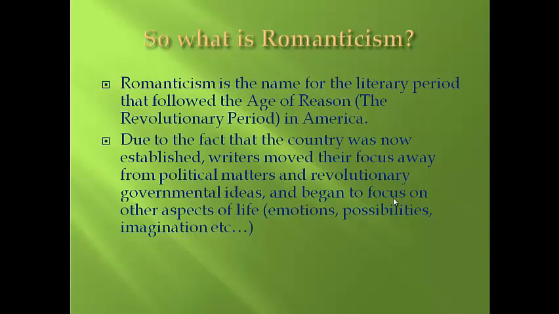So, what's Romanticism? Romanticism is the name for literary periods that followed the Age of Reason, the Revolutionary period in America. It's like the Enlightenment period, due to the fact that the country was now established. Writers moved their focus away from political matters and revolutionary governmental ideas and focused on other aspects of life like emotions, possibilities, and imagination.